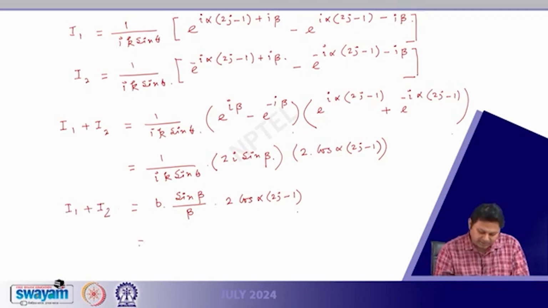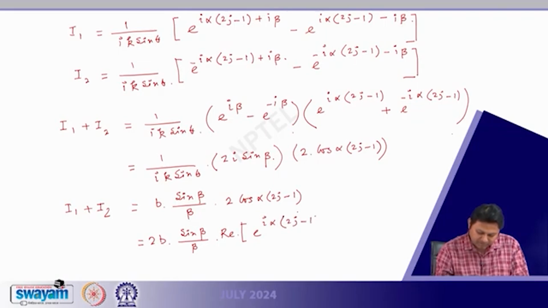This I will write because I need to make a sum over j. So, that is why I will put this term in this way, b sin beta divided by beta, and this term we put 2 I will take outside, and this term I put that it is real part of quantity e to the power I alpha (2j minus 1).